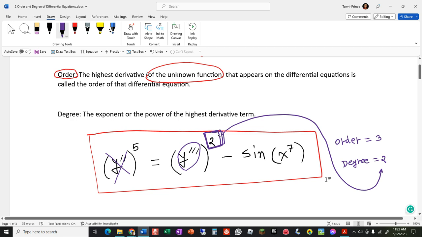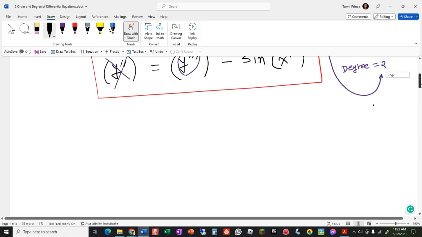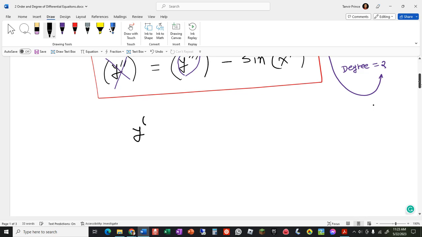Before I do a few more examples, let me clarify a notation. When I say, for example, y with a 5 in parentheses, whenever you see a parenthesis in the exponent, it's not really an exponent. The notation refers to the order of the derivative.